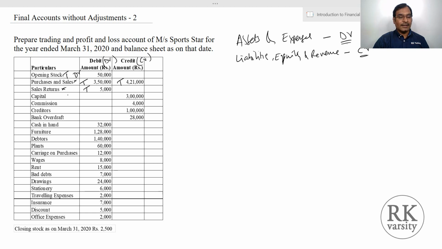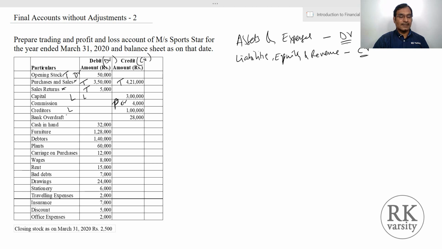Then capital is a liability, shown on the liability side of the balance sheet. And commission on the credit side is commission received, which is your other income, so profit and loss account, credit side.